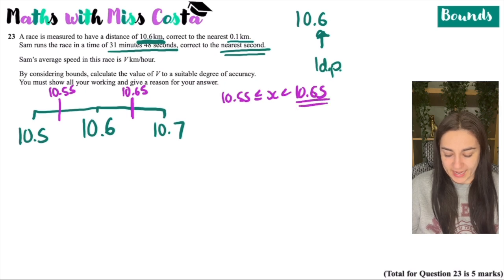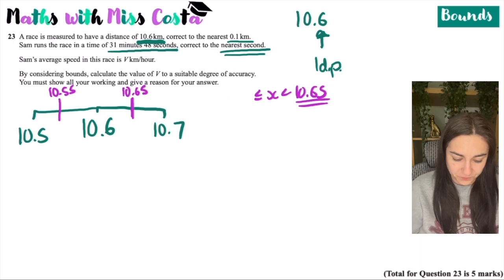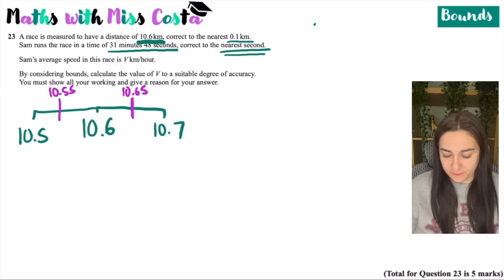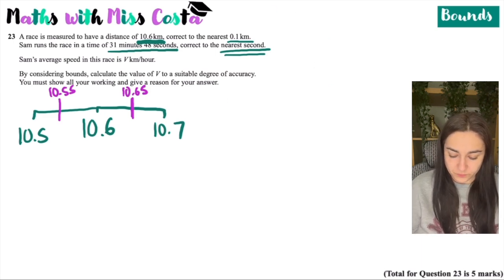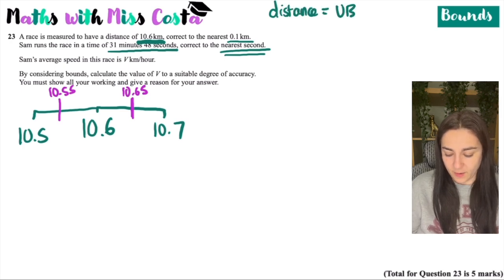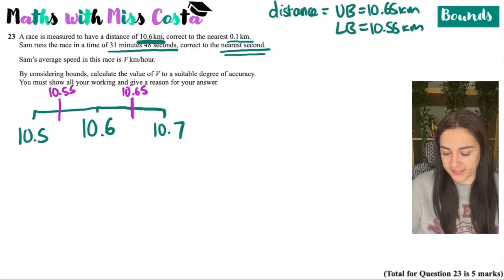So we know not to actually include 10.65, but we use it as our bound. So if I write my bounds up here, I know that for the distance, the upper bound is going to be 10.65 kilometers, and the lower bound is going to be 10.55 kilometers.